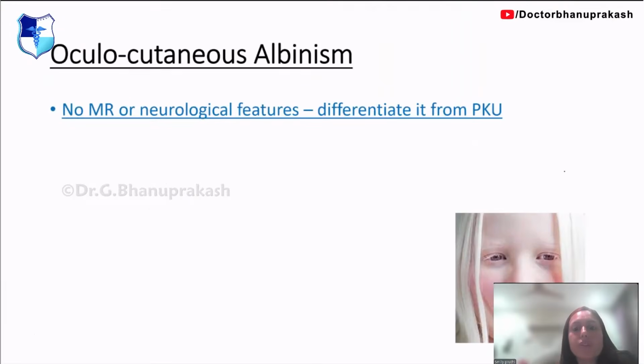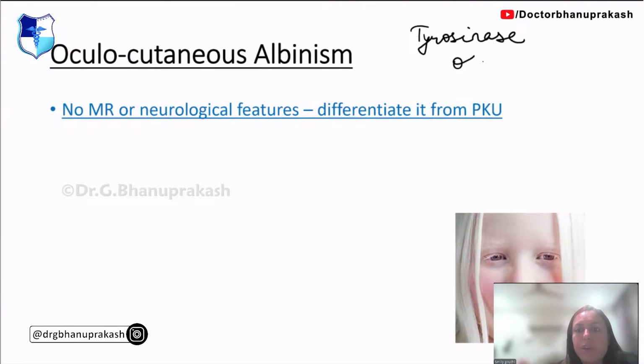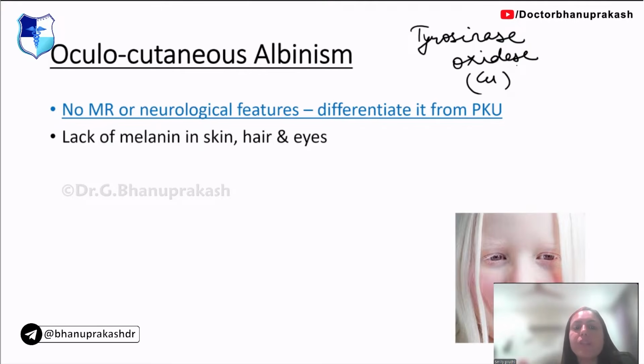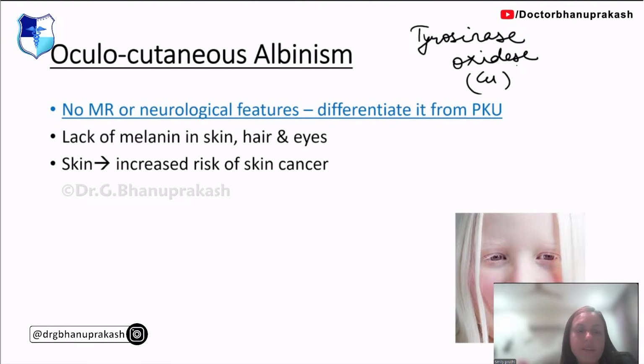Then is oculocutaneous albinism. The enzyme affected is tyrosinase. Tyrosinase is an oxidase. It requires copper. So this enzyme not working, so tyrosine cannot make melanin. So patient has hypopigmentation, lack of melanin in skin, hair and eyes.